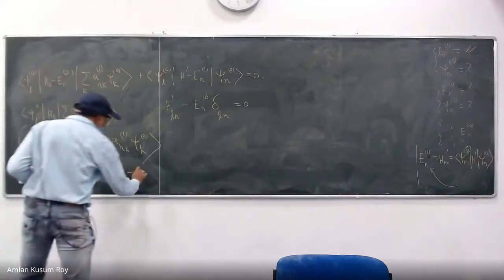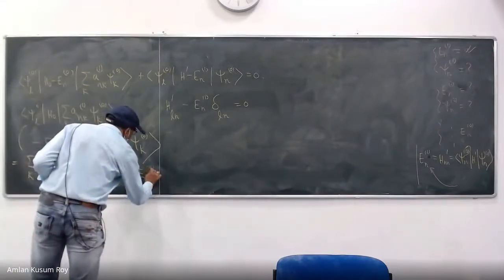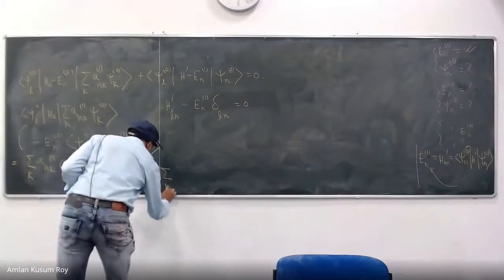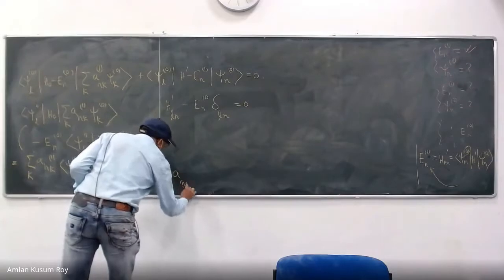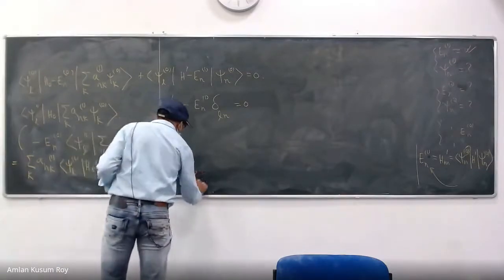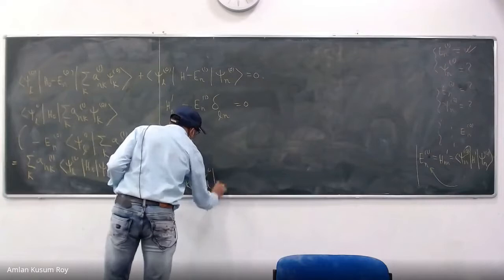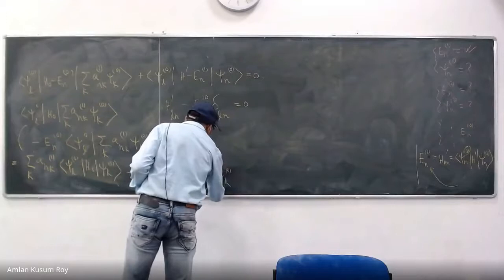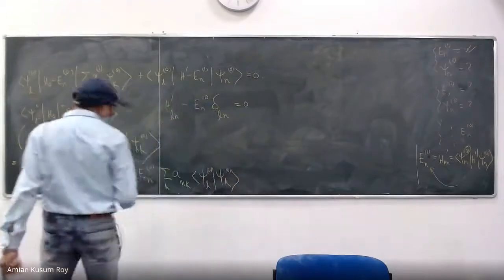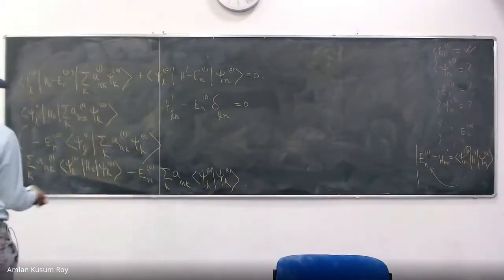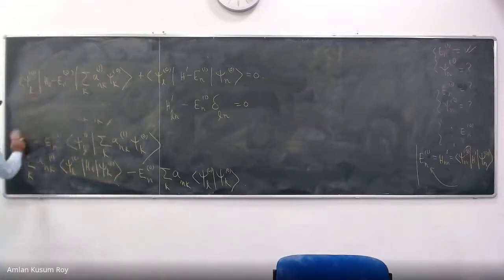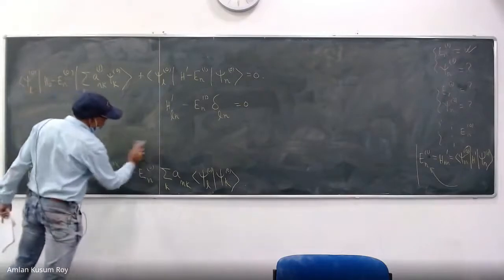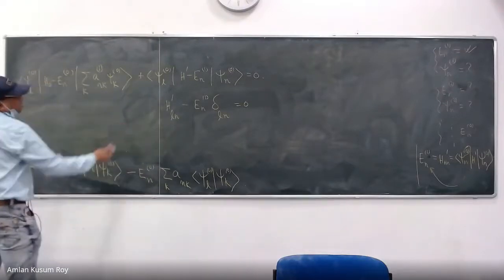En0, minus En0, summation over K, ANK, psi L0, psi K0. What it means? This still remains, okay?